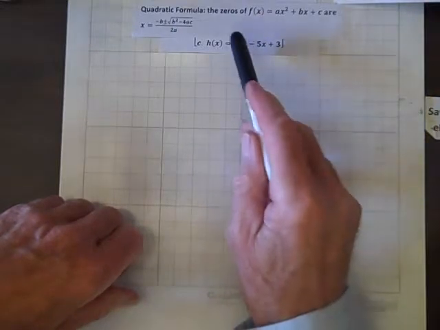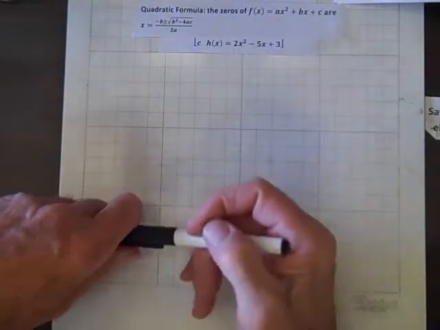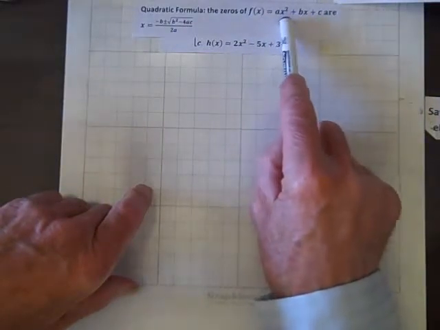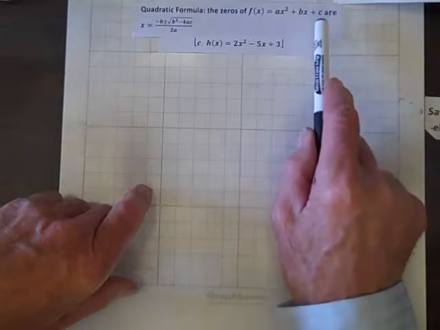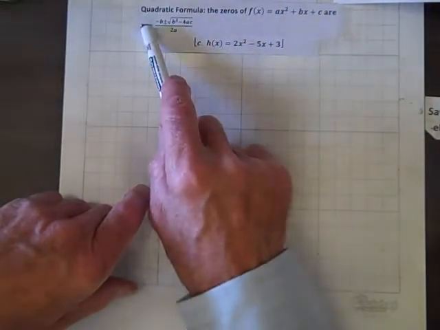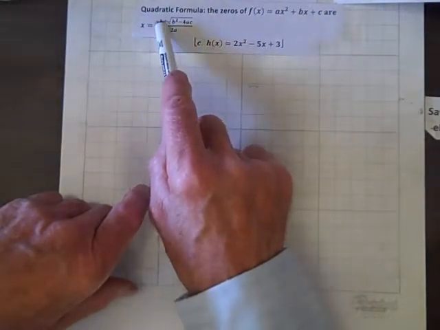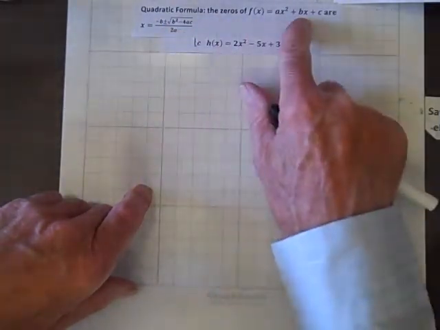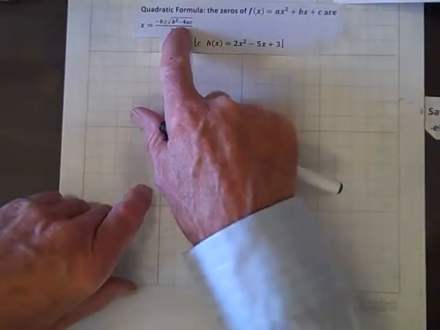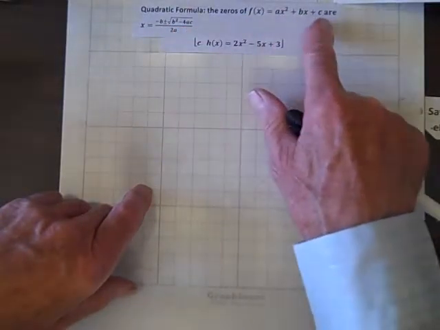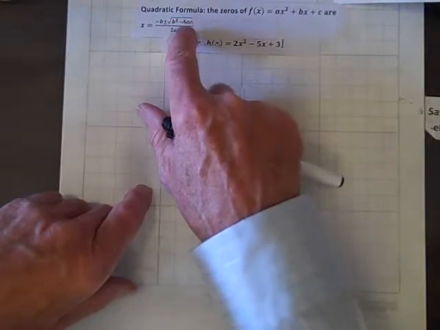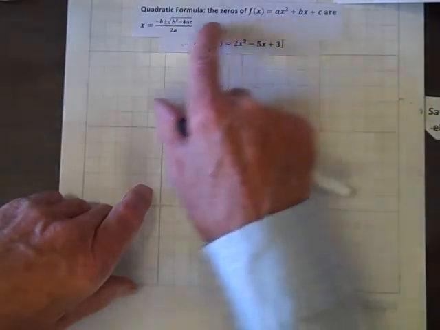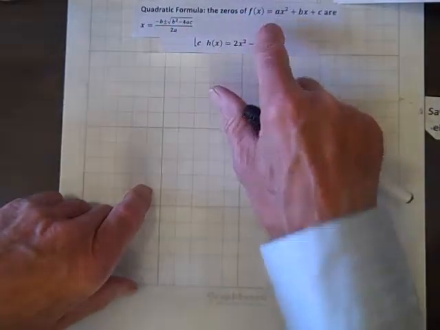It gives the zeros for any quadratic function of the form f of x equals ax squared plus bx plus c, where the zeros are x equals negative b, plus or minus the square root of b squared minus 4ac, all divided by 2a.